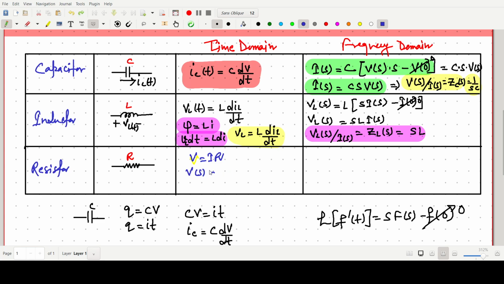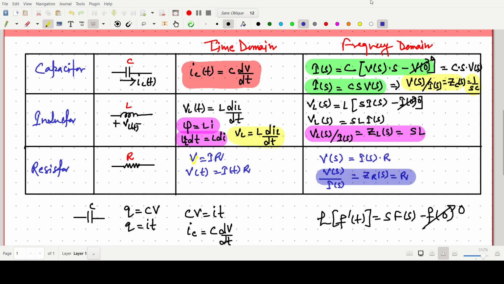For example, V(t) and the current is a time varying function, times R. So the frequency component will be simply V(s) = I(s) R. So V(s) by I(s) is Z_R(s), nothing but simply the same resistance value R. Like that we can do.